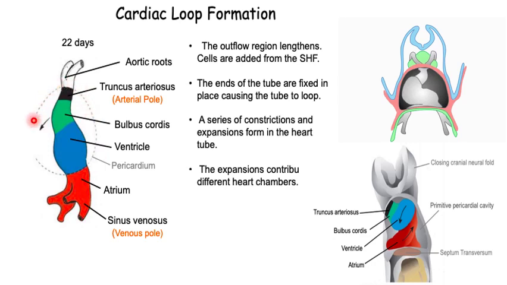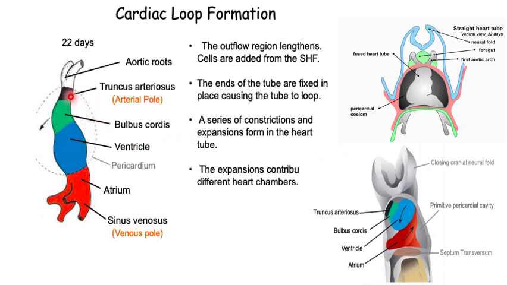So whatever has to happen, the lengthening, should happen within the pericardial cavity. So to accommodate the growing heart, the looping and bending of the heart tube is mandatory.